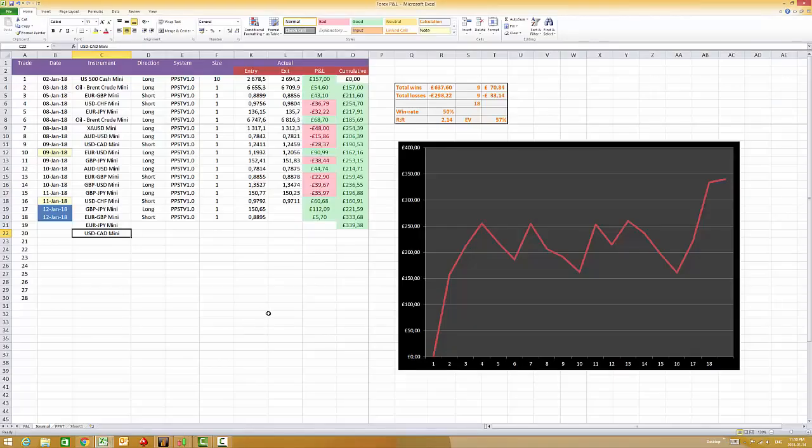So a very simplistic approach to trading, and I think that's part of the appeal of why I wanted to do this challenge, which was to prove over an extended period of time and in a live environment. I mean, I've backtested a lot of these things, but I'm trading this in a live environment just to demonstrate to you guys that you don't have to use complicated systems, complicated rules in terms of approaching your trading.